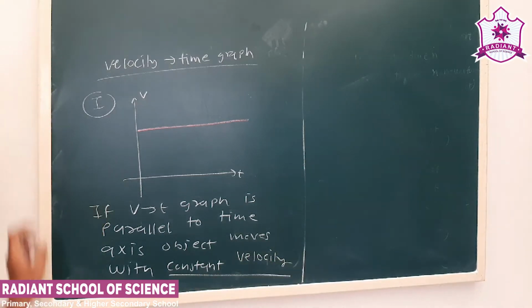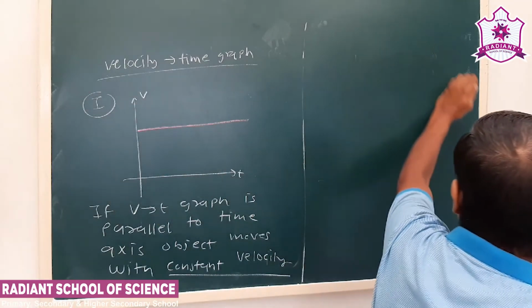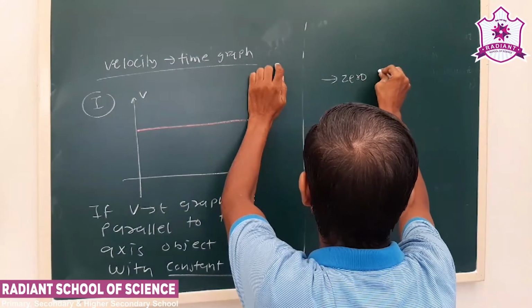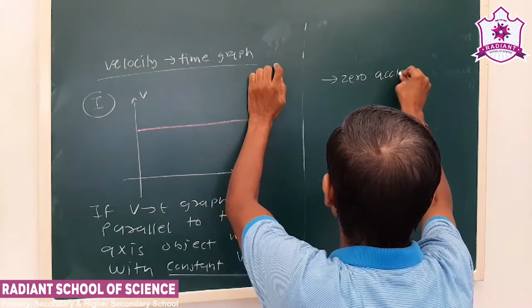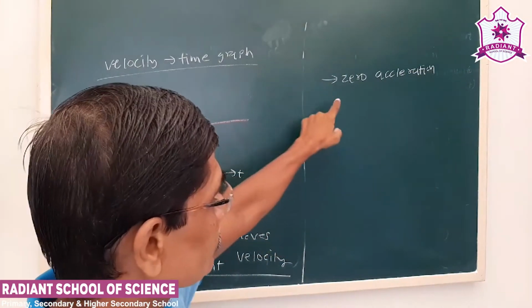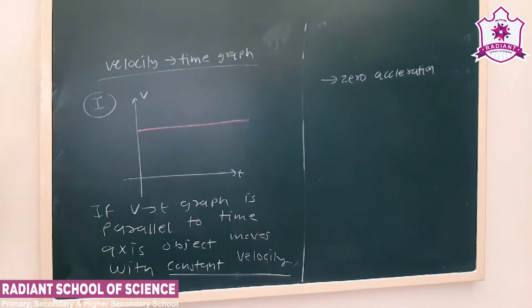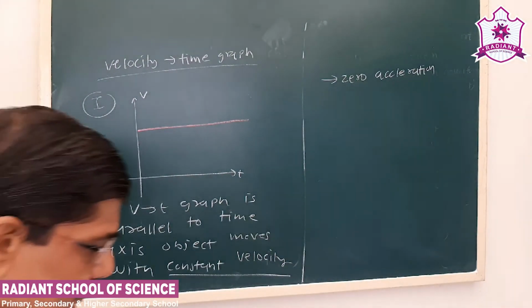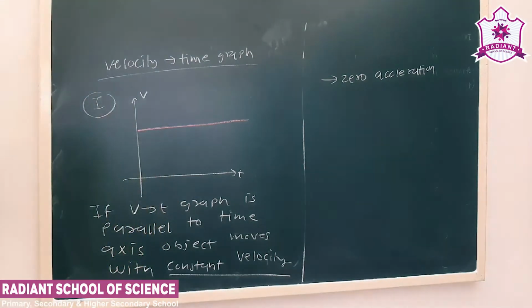Now see, the word constant velocity also indicates zero acceleration. The word constant velocity indicates that it is motion with zero acceleration.